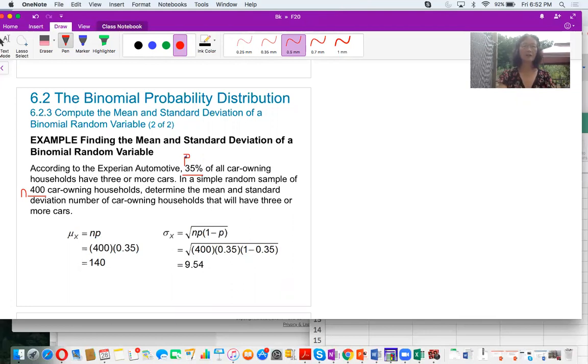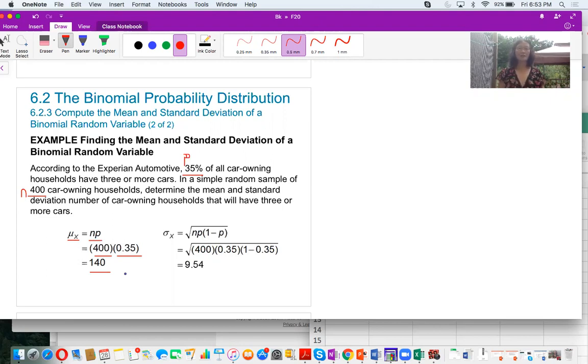The question asks, what is the mean of the binomial distribution? Mean equal to n times p, n is 400, p is 35%. So that is the mean value. How do you interpret this mean value?